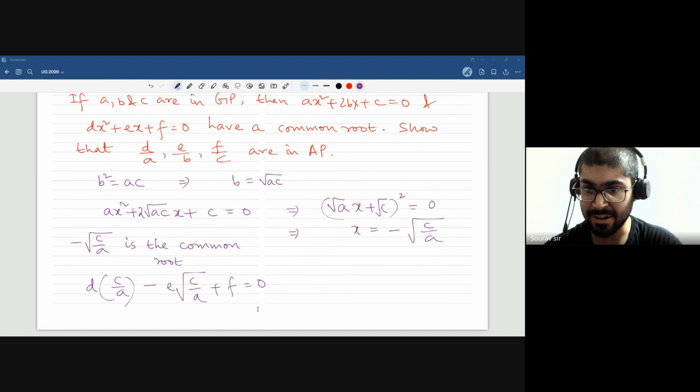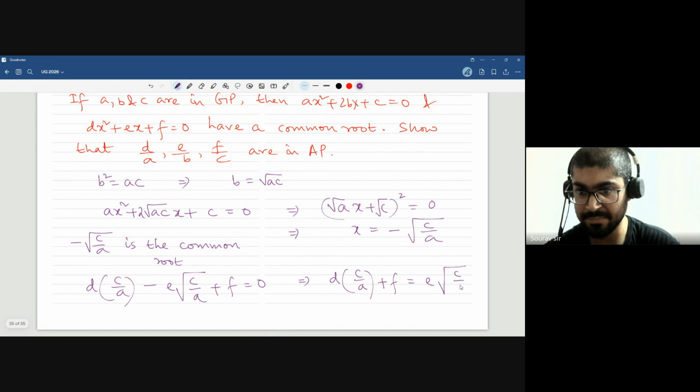You can divide by c throughout. First of all, you can write d into c by a plus f is equal to e into root over c by a, right? So if I multiply by c, what would I get?